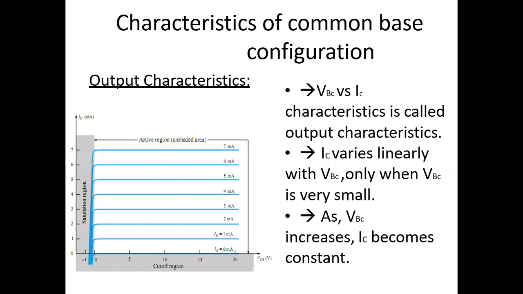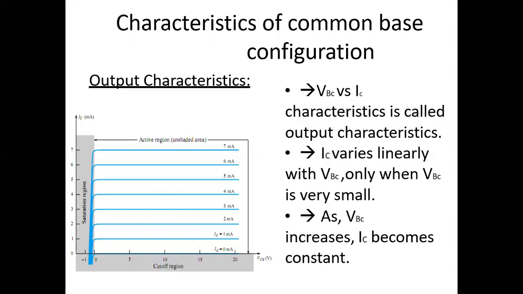Here are the output characteristics. The base-collector voltage VCB versus collector current IC is called the output characteristics. IC varies linearly with VCB only when VCB is very small, and as VCB increases, IC becomes constant.